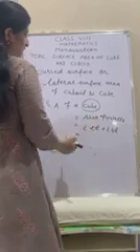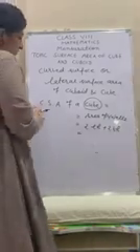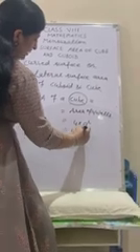In a cube, the area of one face is a square, and the area of 4 walls means 4 multiplied by a square. It is the formula for the curved surface area of a cube.